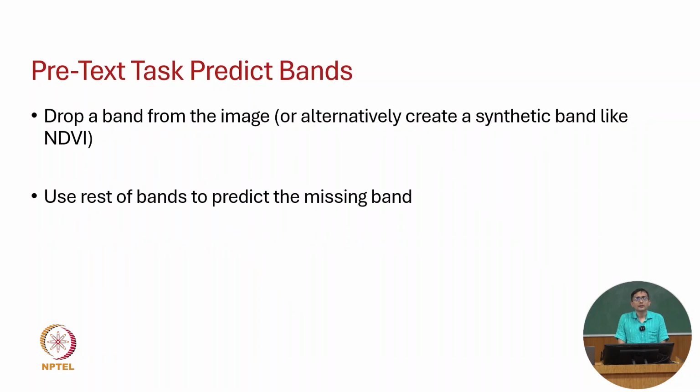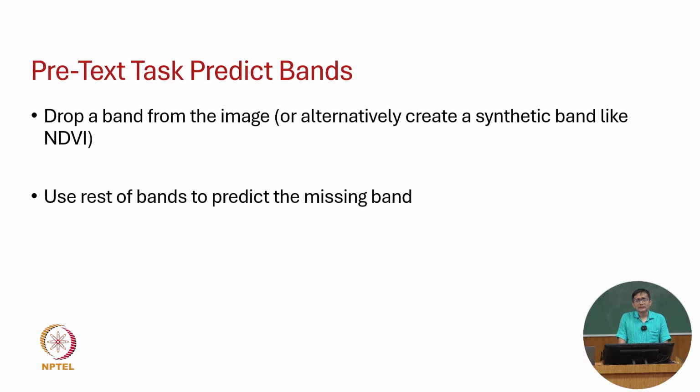And this particular task can also be very easily used in the context of Earth observation by dropping a band from the image and tasking the model to predict this particular band, or even alternatively creating a synthetic band, let's say NDVI, normalized difference vegetation index, and now based on some particular inputs, asking the model to predict this NDVI value.